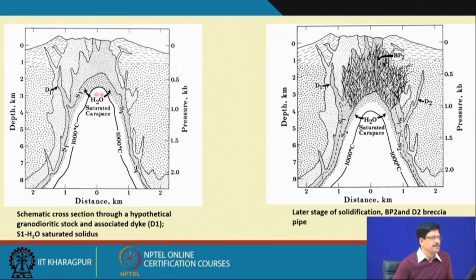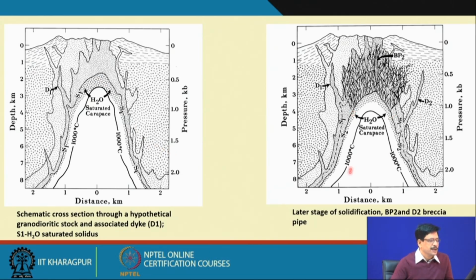The solidus is suppressed here because of the water content. With substantial crystallization of the main body, with the early crystallizing phases, the residual melt becomes concentrated with respect to water, which keeps on increasing and accumulates on the top part, which can be called a water saturated carapace.